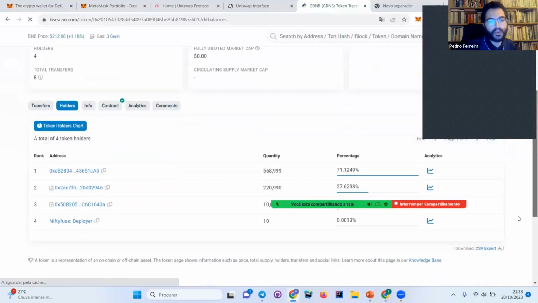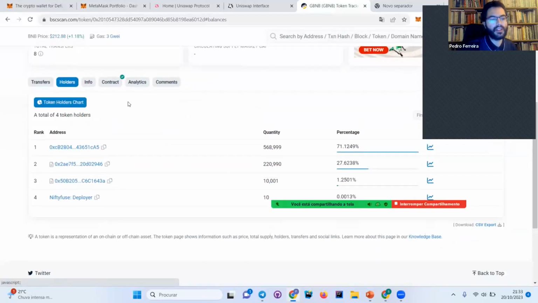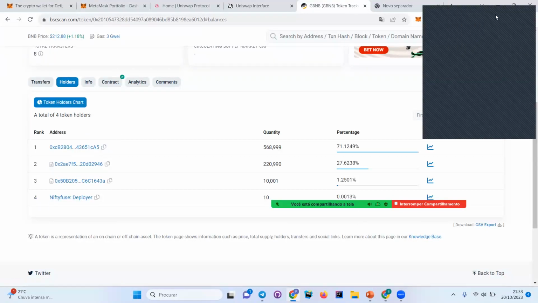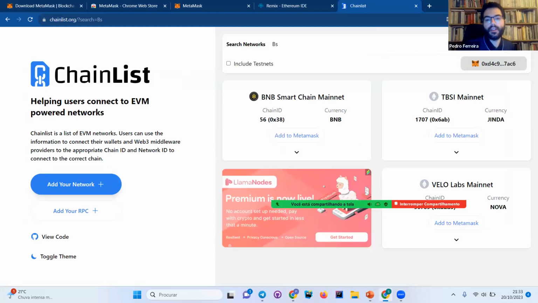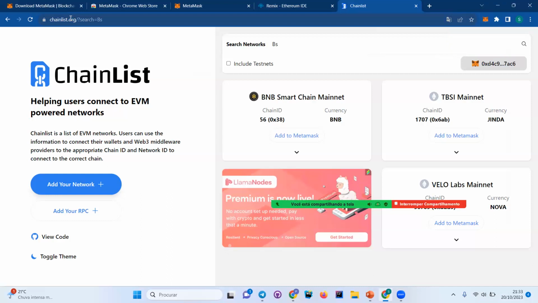It was supposed to be for everyone to mint these tokens, but unfortunately, we don't. I'm not talking about the explorer, actually. I was talking about the BNB thing that we should connect to our wallet. No. This platform that I sent you, Chainlist, is basically a way to connect to chains.